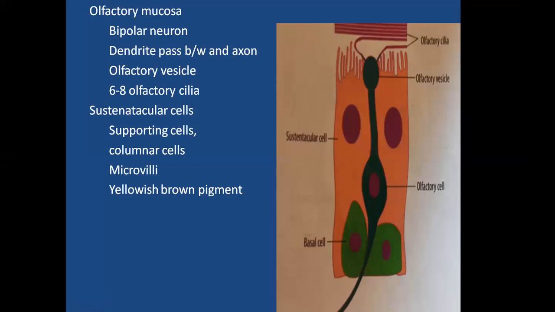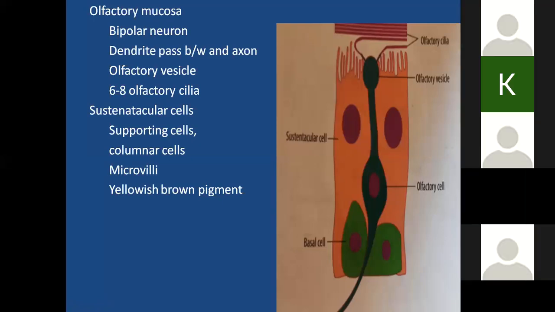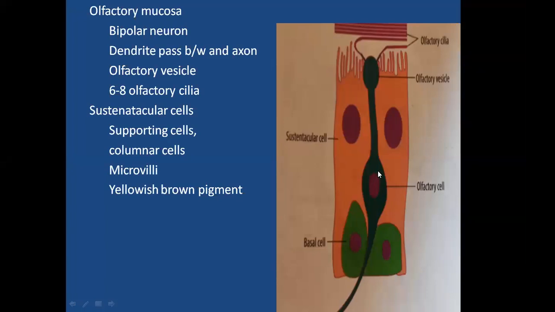I will repeat it again, that this olfactory cell is a bipolar cell, and from this olfactory cell, what arises? The dendrite arises, and then at the end there is the olfactory vesicle, and from these olfactory vesicles, the cilia arise, and from the other end, because this is a bipolar neuron, the axon arises.